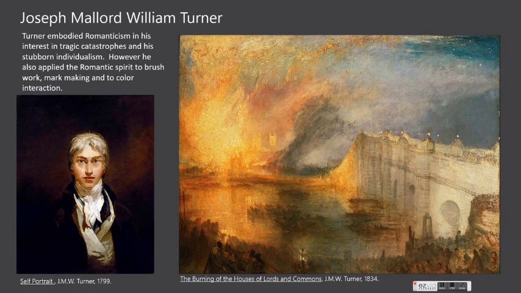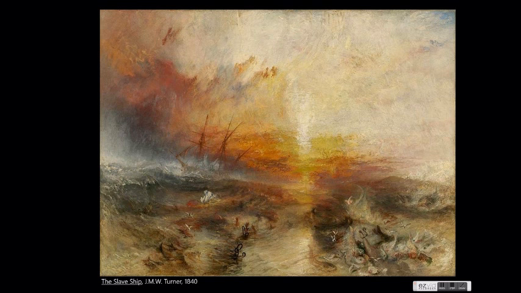And his work continually got more and more abstract as he got more and more interested in these effects of atmosphere. He was less concerned with actually representing things, but more with representing the mood of the scene.